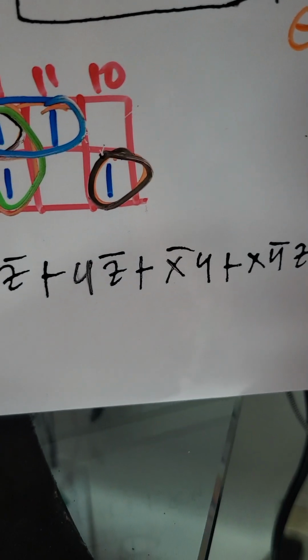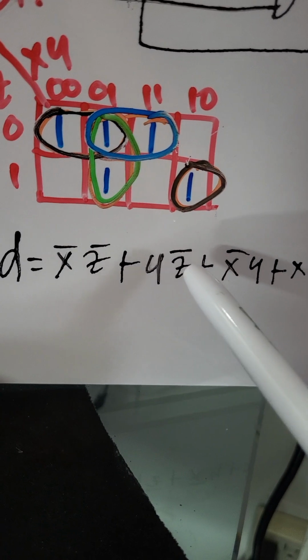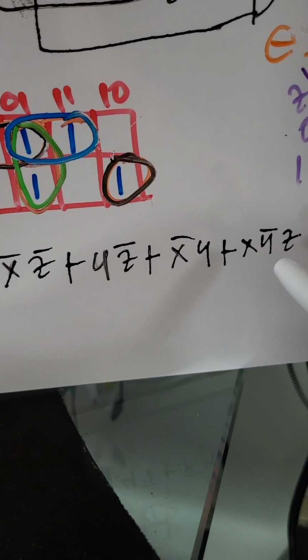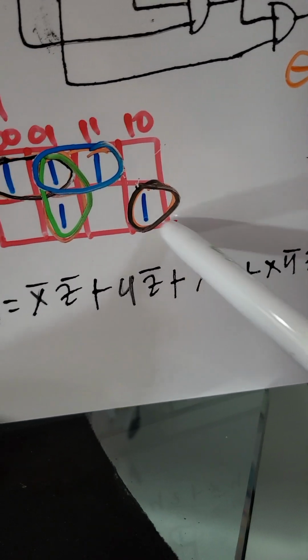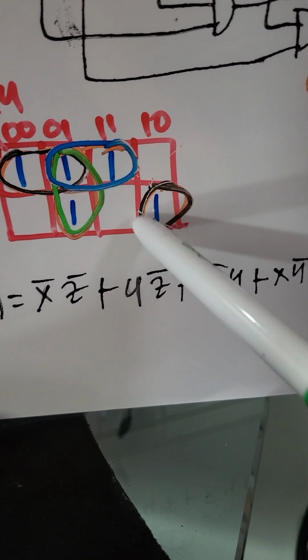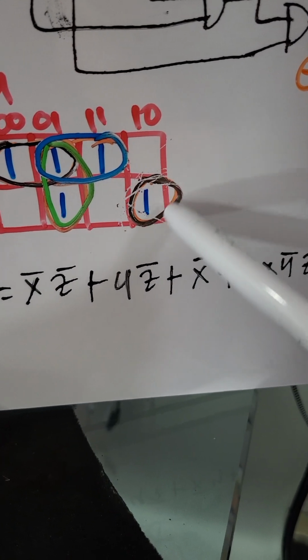So we reduce to 8 rather. So finally, X bar Z bar plus YZ bar plus X bar Y plus XY bar Z. XY bar Z, because this one here has no pair, so he's alone.